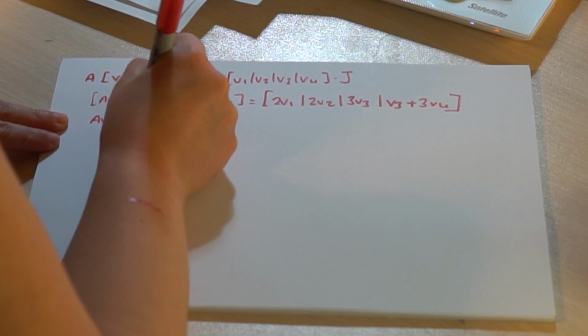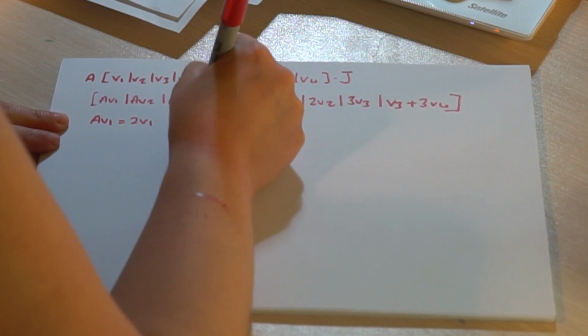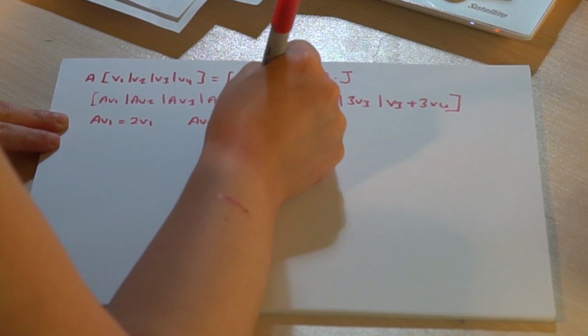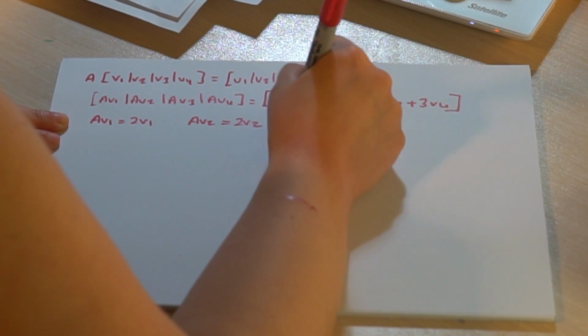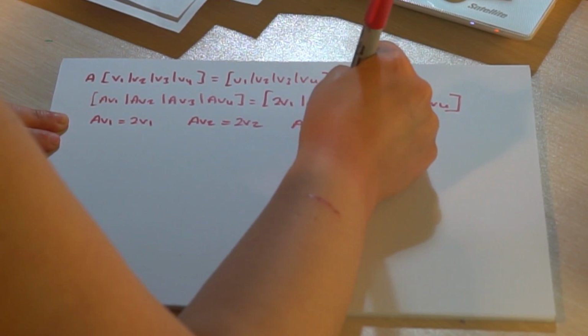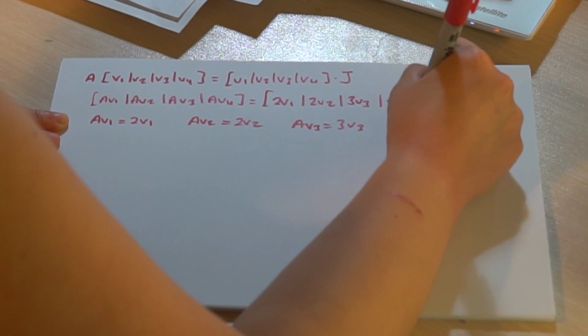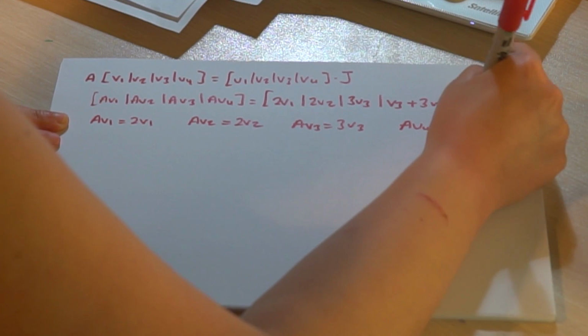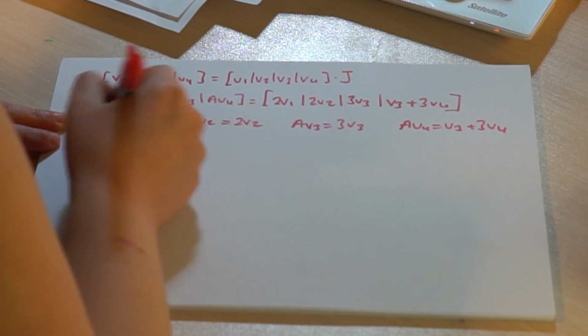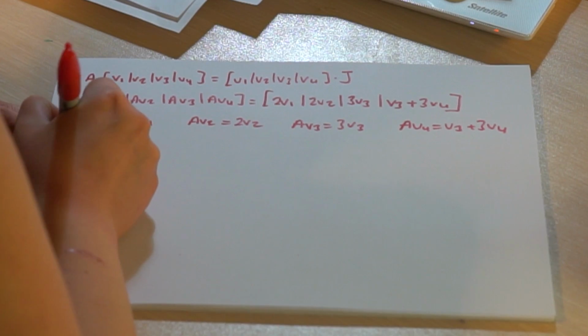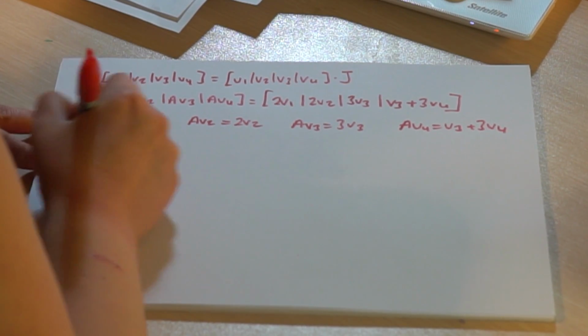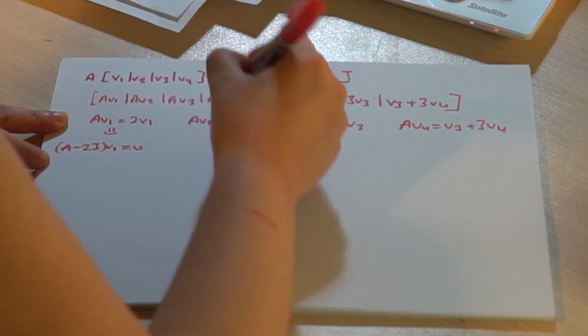Now we need to solve the systems. AV1 is equal to 2V1, AV2 is equal to 2V2, AV3 is equal to 3V3, and AV4 is equal to V3 plus 3V4. This one implies that A minus 2I times V1 is equal to 0.